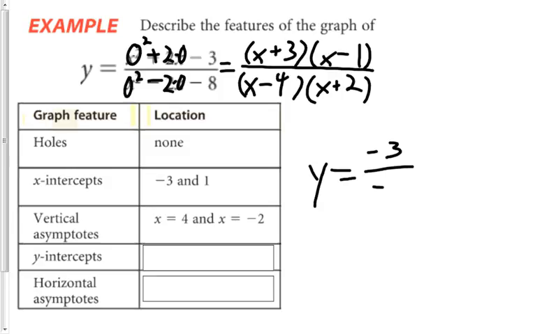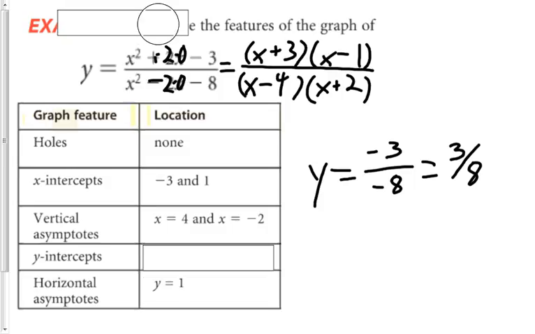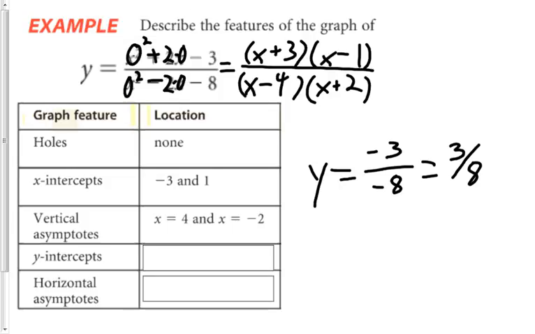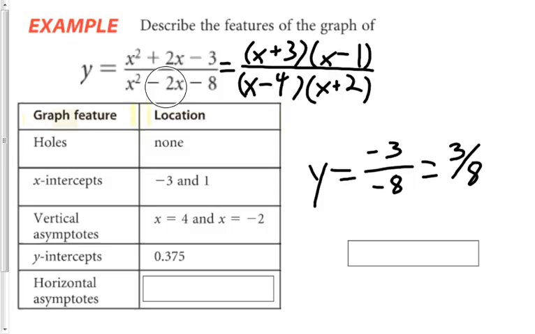That just leaves me with negative 8 in the denominator. And this equals 3/8. So I now know my y-intercept is at 3/8 or 0.375.